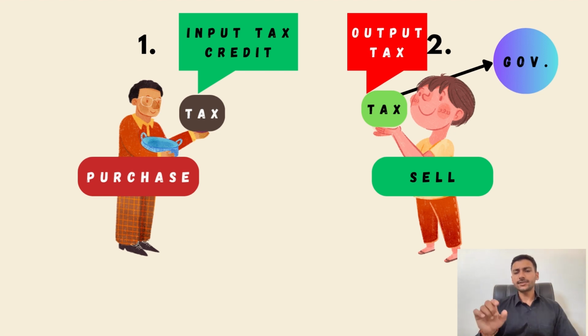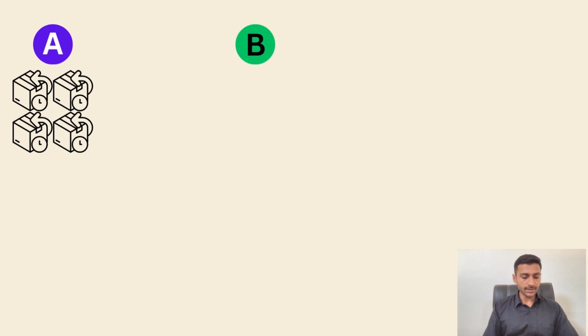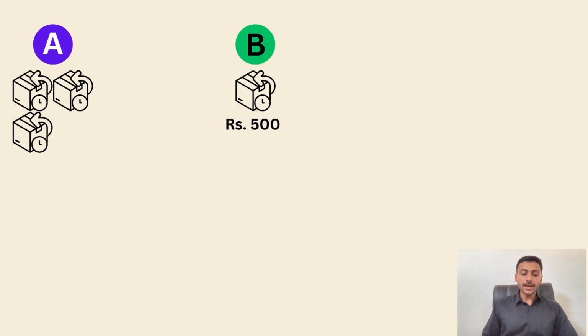Now let's understand this with an example. Suppose there are two businessmen, A and B. B purchases something from A worth 500 rupees, and the tax on that thing is 45 rupees. Now B has to pay A 500 plus 45 rupees tax, 545 rupees in total.